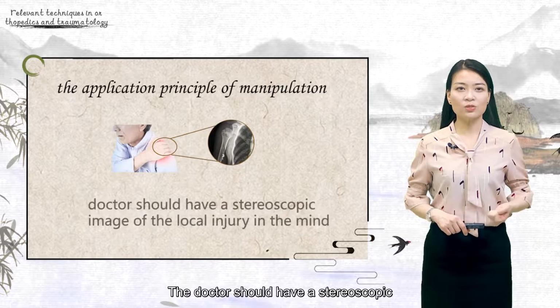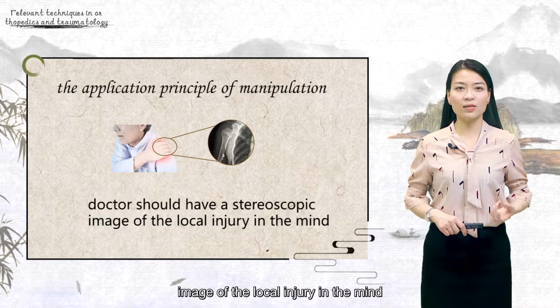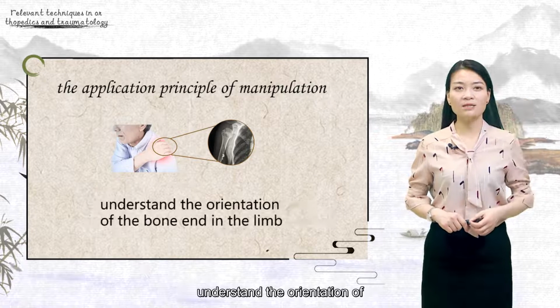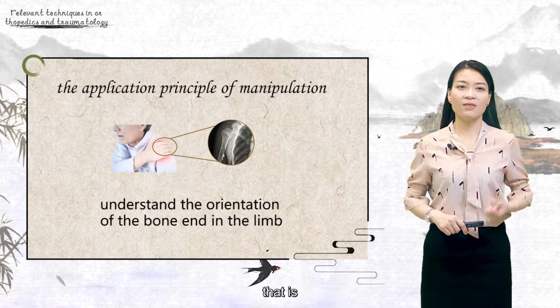The doctor should have a stereoscopic image of the local injury in the mind, understand the orientation of the bone and in the limb, that is.